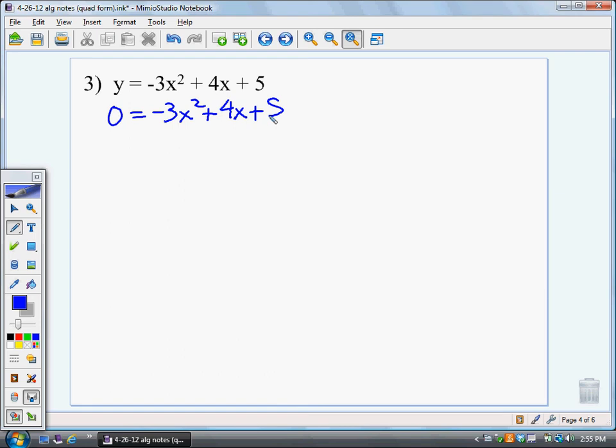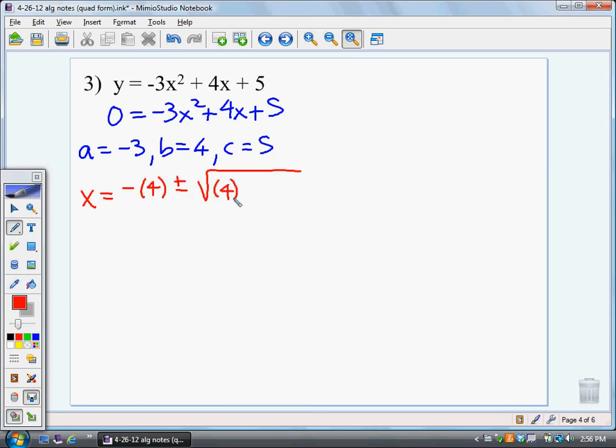So in this case, we have a is equal to negative 3, b is equal to 4, and c is equal to 5. And if we do the quadratic formula here, x is equal to the opposite of b plus or minus the square root of b squared minus 4ac, all of that's over 2a.